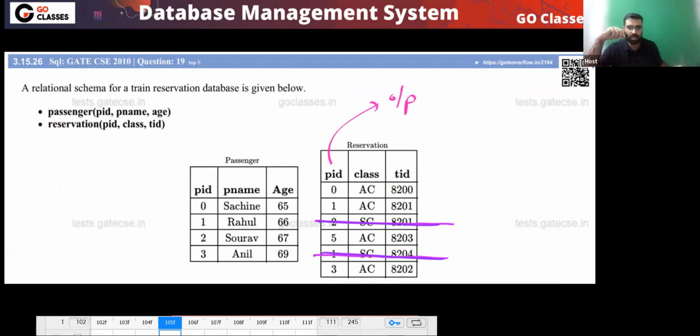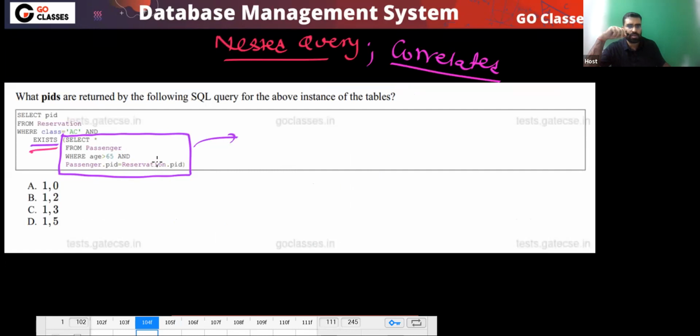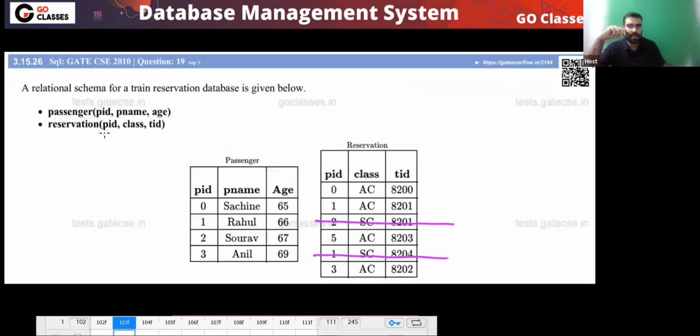Oh, sorry, the question is checking for PID, so the question is correct. This PID should be equal to this PID, and the age should be greater than 65. This type of passenger should be there, where the age is greater than 65.